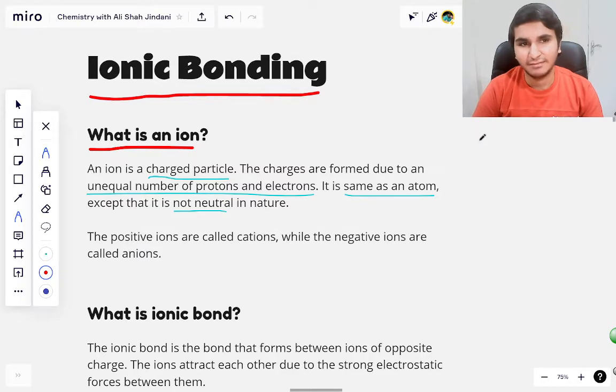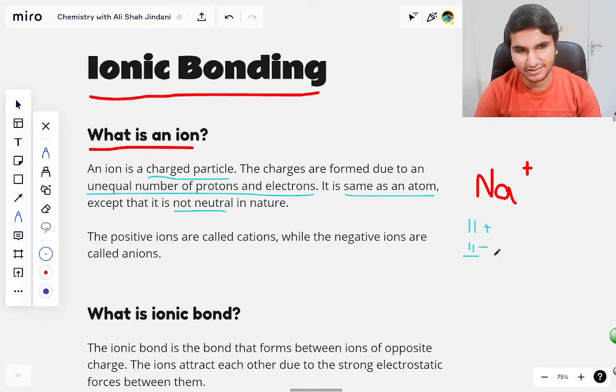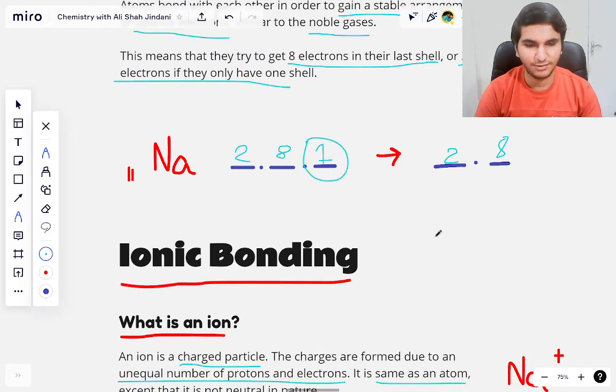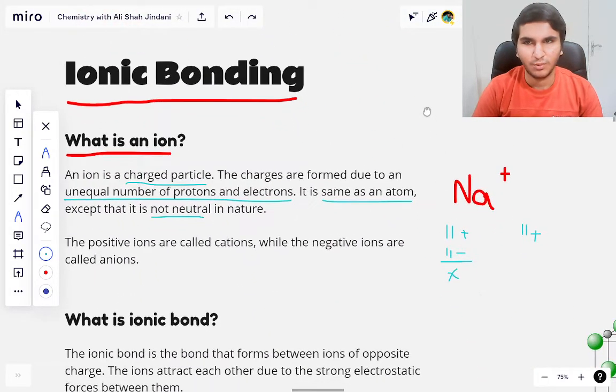So for example, we can have a sodium, as we discussed earlier, that carries a positive charge. Why a positive charge? Because look, we used to have 11 protons, which are the positive charges, and 11 electrons, and the charges would cancel out, right? But when we removed one electron, as we discussed above, what happens?